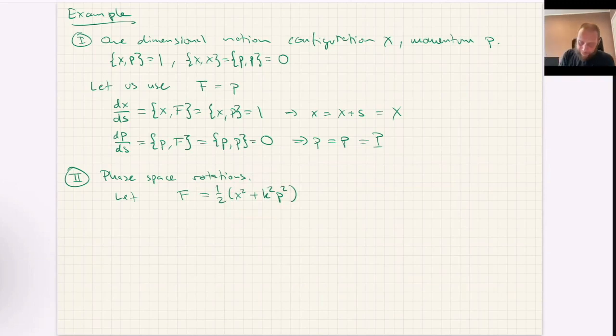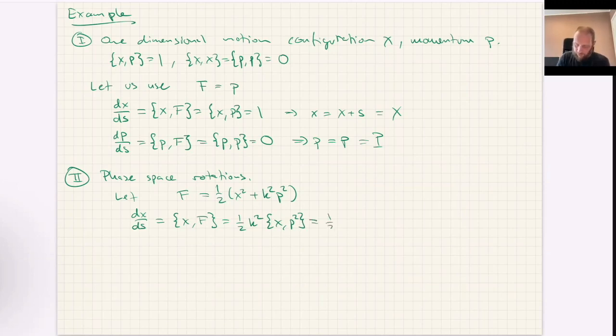Okay, so what does this mean? Well, it means that if I take dx/ds for this transformation, it should be {x,f}. But x here commutes with the first term, because the first term only contains the x's. So what I get here is 1/2 k squared, as a constant I can pick it out, {x,p squared}.